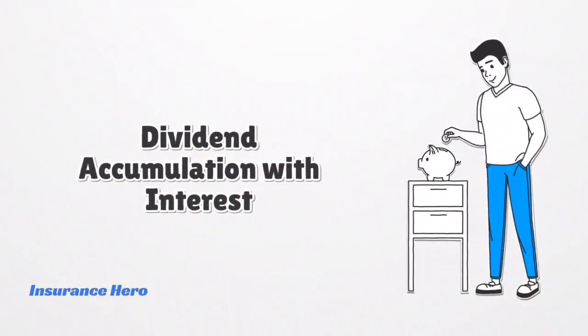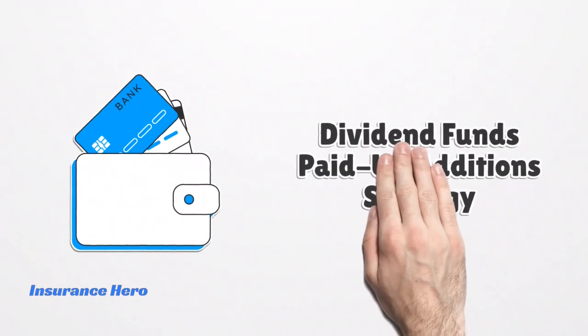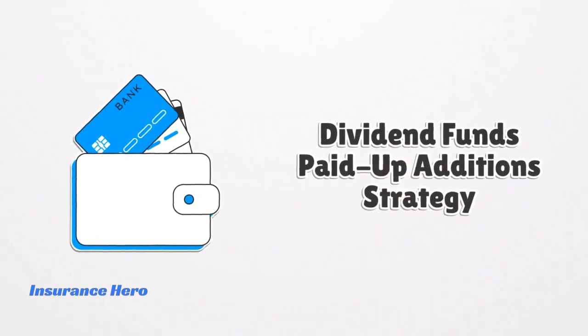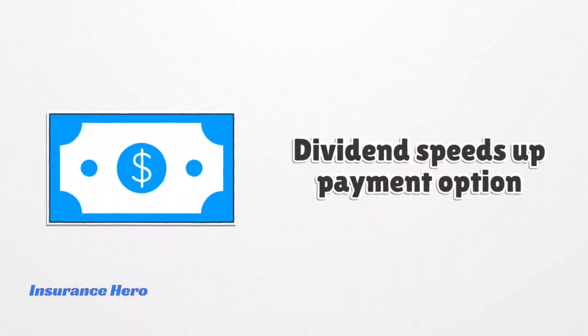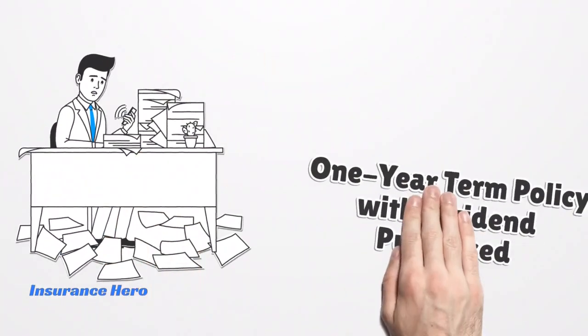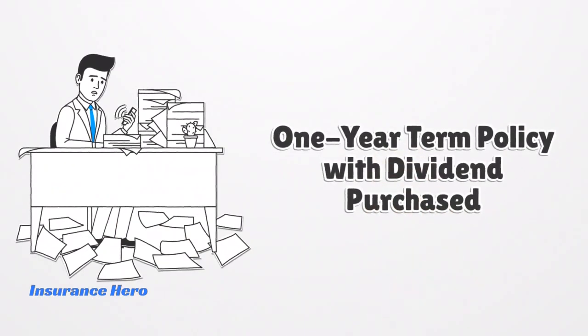Number 3, accumulate the dividend at interest. Number 4, use the dividend to purchase paid-up additions. Number 5, use the dividend to accelerate a pay-up option. And number 6, use the dividend to purchase a one-year term policy.